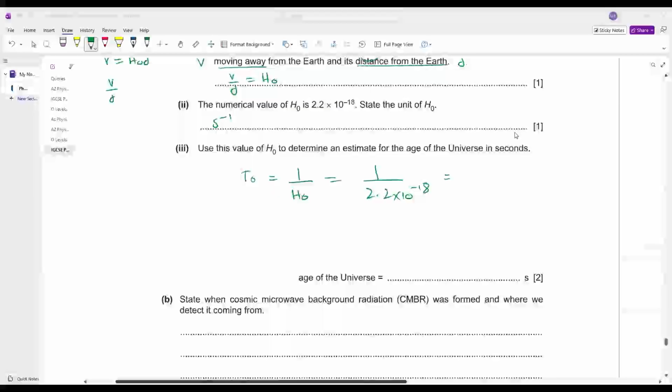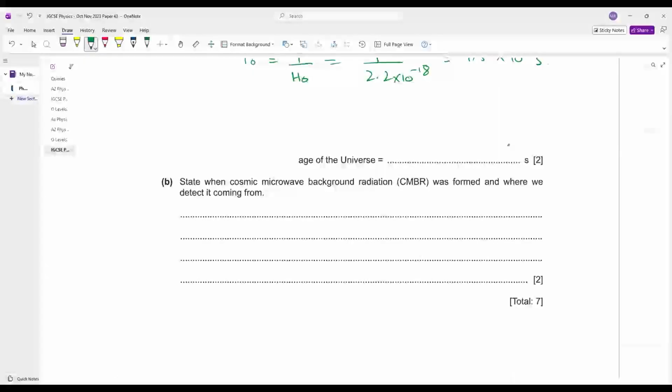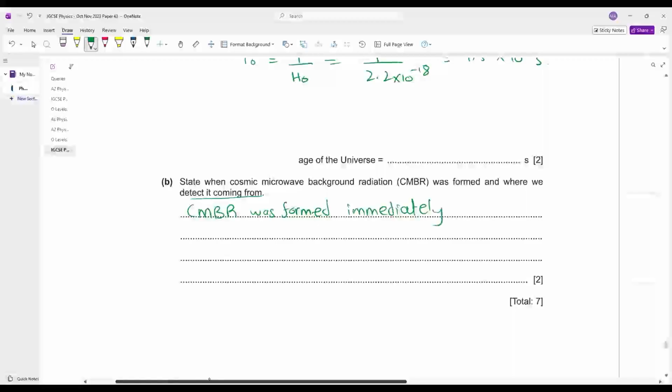Simple. State when cosmic background radiation was formed, immediately after the formation of the universe, and where we detect it, coming from all parts of space. So you will say CMBR was formed immediately after the Big Bang, or immediately after the universe was formed.